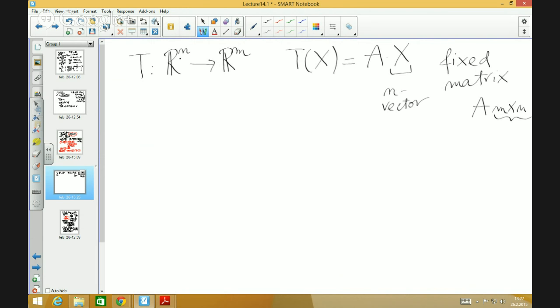It goes the other way around. So this goes from Rn to Rm. So this means that the matrix will have to be m times n. Oh, the first one is Rn, n with an n. The other one is Rm.